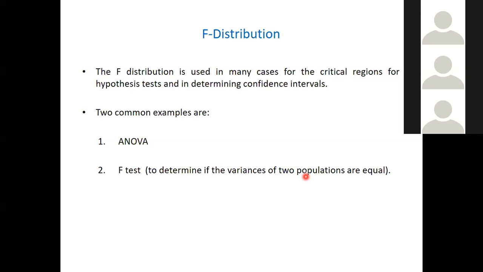Of course, if both are equal, you expect F to be 1. If it's not too far from 1, that shows that both are equal. But if the value is far from 1, that shows that the two variances are not equal. That's the logic. So F is about division of two variances, comparison of two variances.